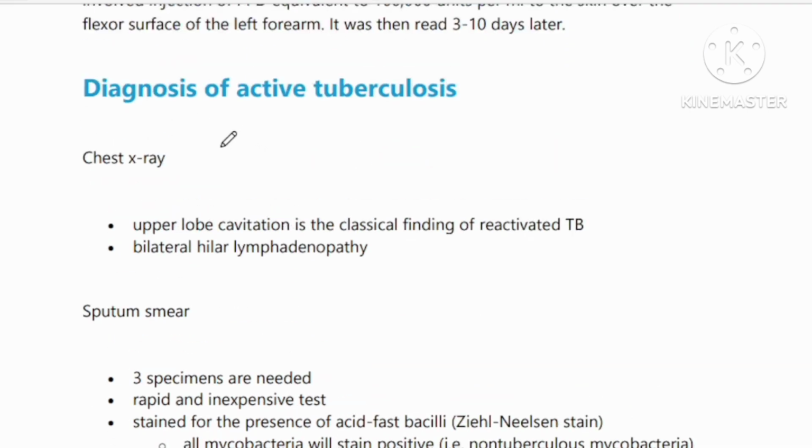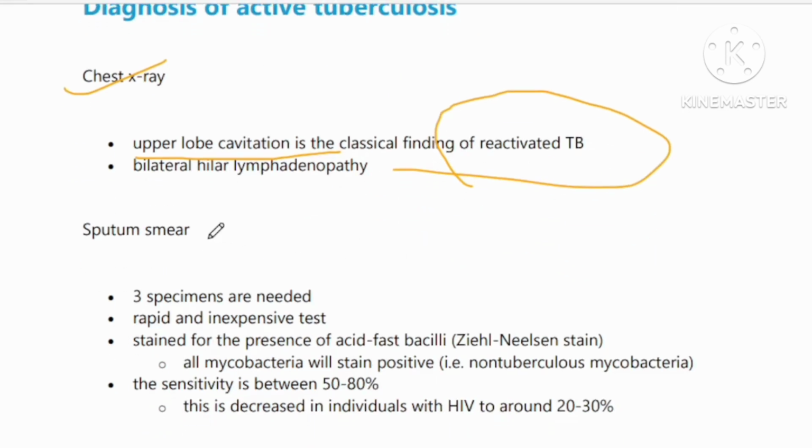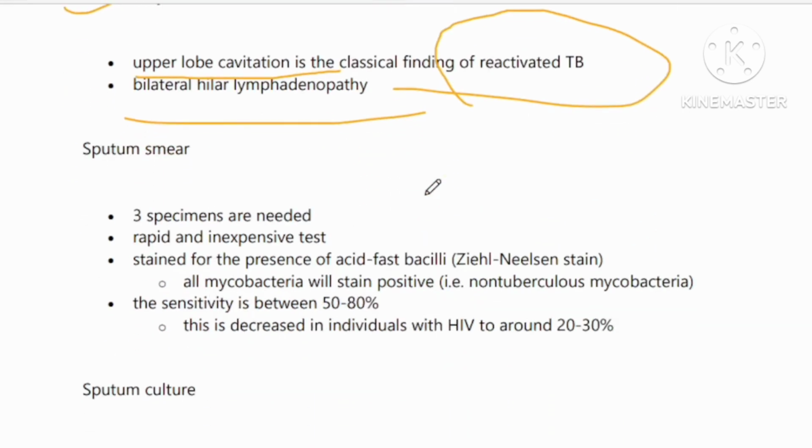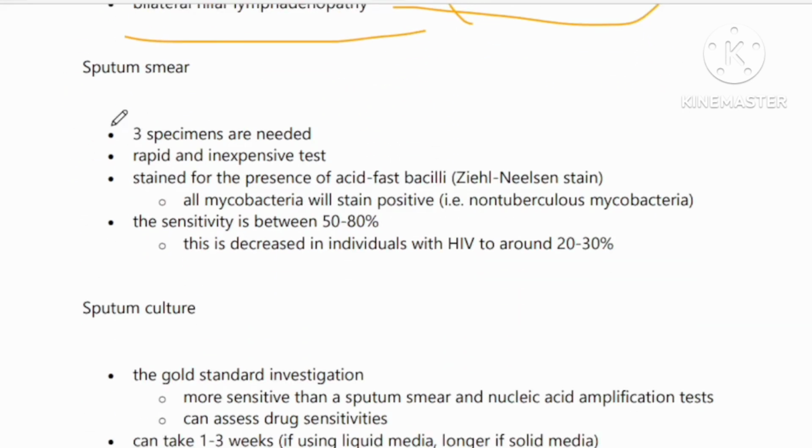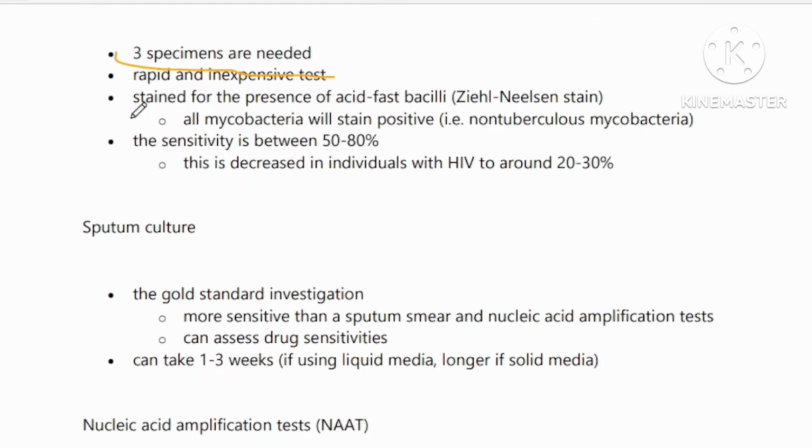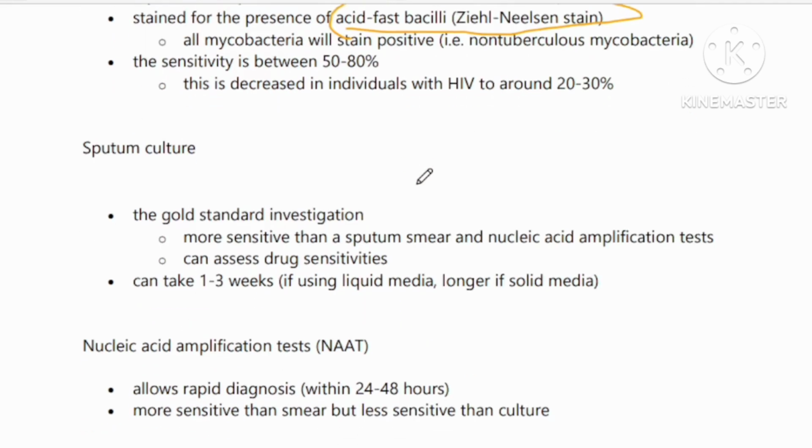So the diagnosis of active TB is on the basis of chest X-ray. As we already mentioned, upper lobe cavitation is the classic finding of reactivation of TB, and it also shows bilateral hilar lymphadenopathy. Three sputum specimens are needed. ZN staining is used, which shows the acid-fast bacilli.